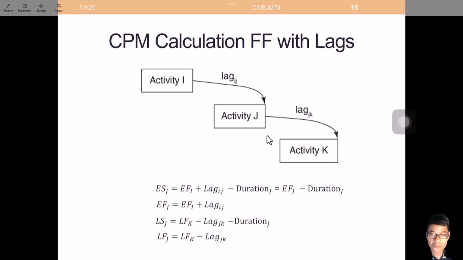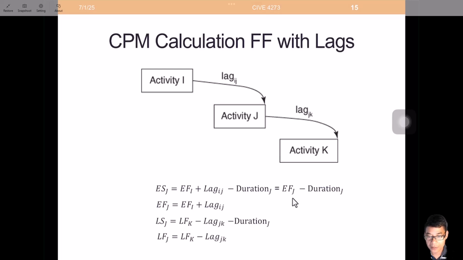And now the formulas for finish to finish logic relationships with lags, focusing on activity J again. Early start of activity J is the early finish of activity J minus the duration. In order to get the early finish of J, we have to use the early finish of I plus the lag.